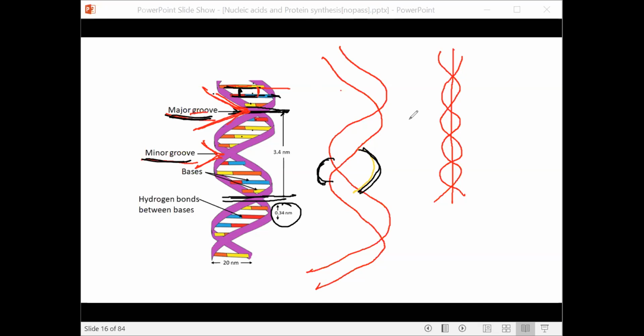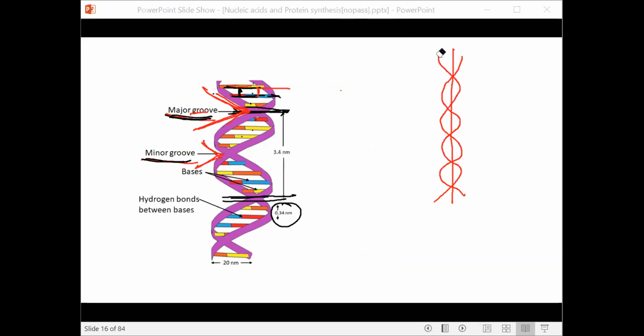Now coming to the next part. What I was talking about, this line and this line. So if I count, let me see how many are there. 1, 2, 3, 4, over here 1, and over here 1. 10.